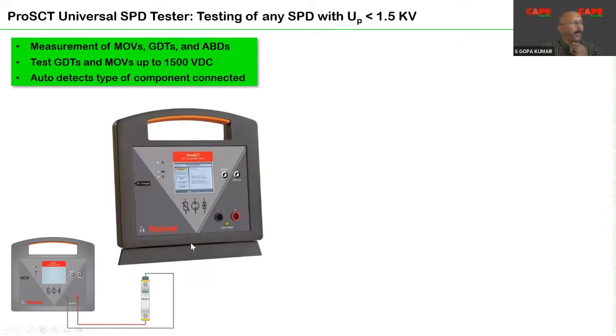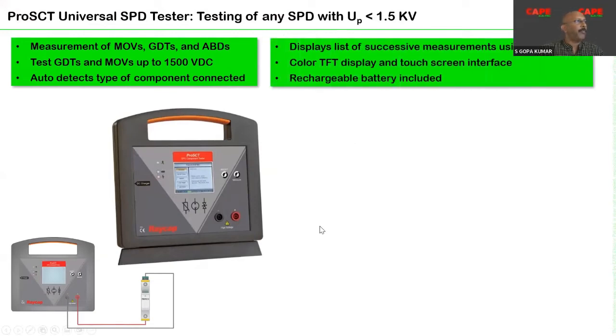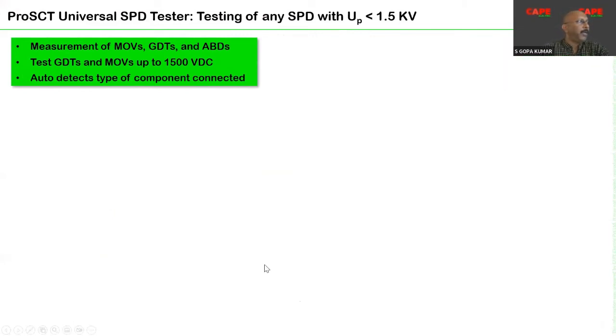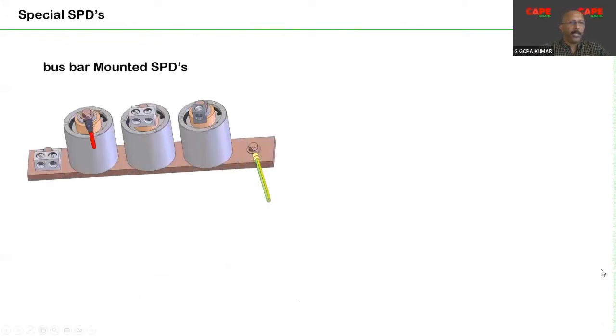It puts an impulse voltage into your equipment, and it tells you either the spark over voltage or the voltage at 1 milliamp, the protection level or the clamping level of your MOV. So these devices can be used for testing your SPD.